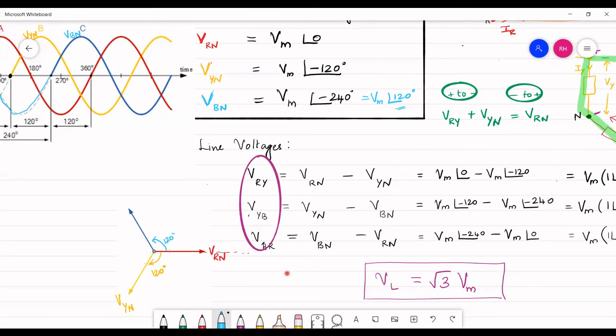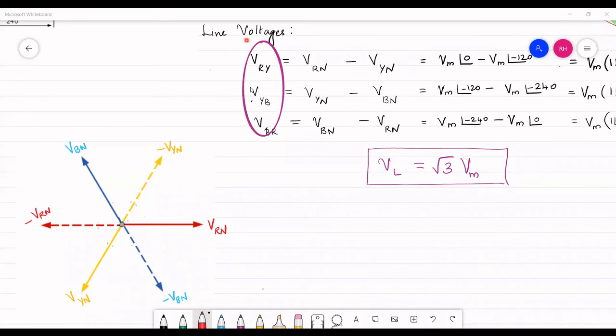It could also be said that VBN lags behind VRN by an angle 240 degrees. In order to calculate the line voltages VRY, VYB and VBR, we want the negative values of the phase voltages also. Hence, we extend the phase voltage VYN in the negative direction, and similarly we do the same for the other phase voltages VRN and VBN.